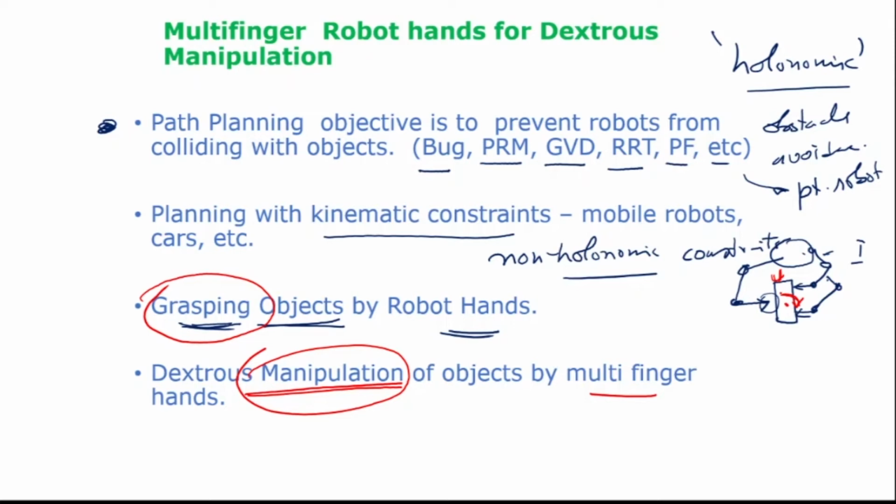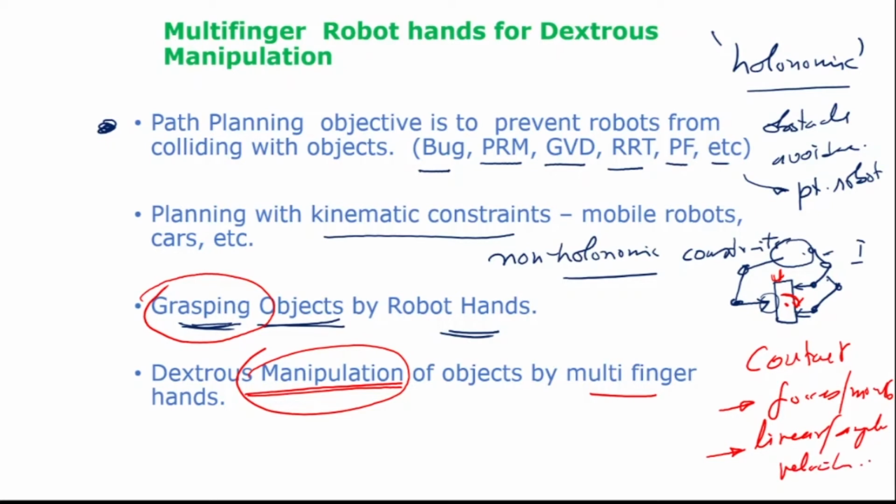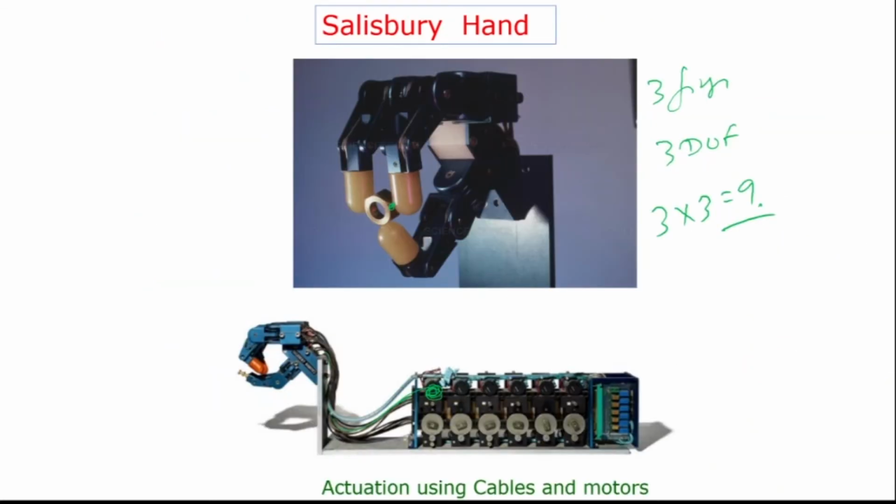So we also have to worry about the velocities and forces that are being applied, because the moment there is contact, it basically means that you can apply forces, moments, and there can be linear and angular velocities. So this is what we'll be looking at in multi-fingered manipulation. Grasping is one, and number 2 is manipulation.